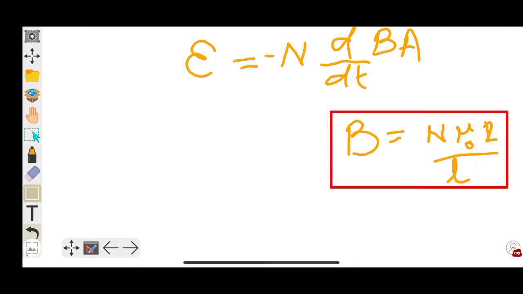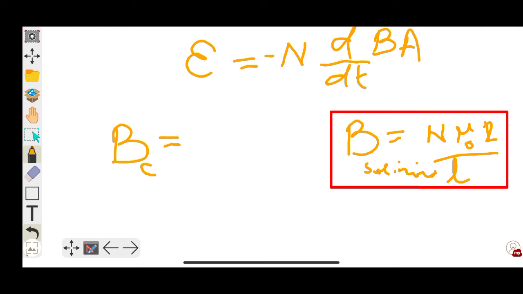Had it been a simple coil, not having any length, then we call it a coil. Remember, this is a solenoid. So we are developing a case, and whatever the case may be, we'll apply accordingly.